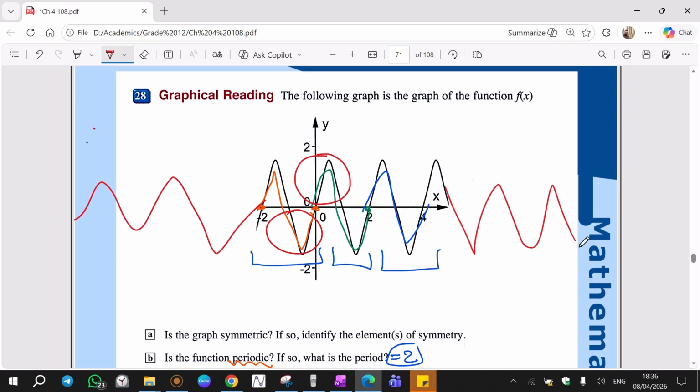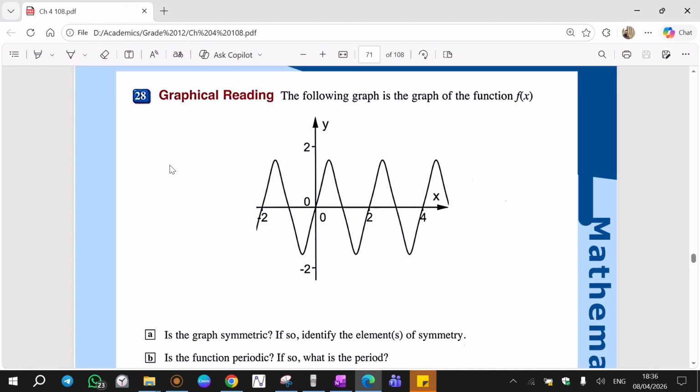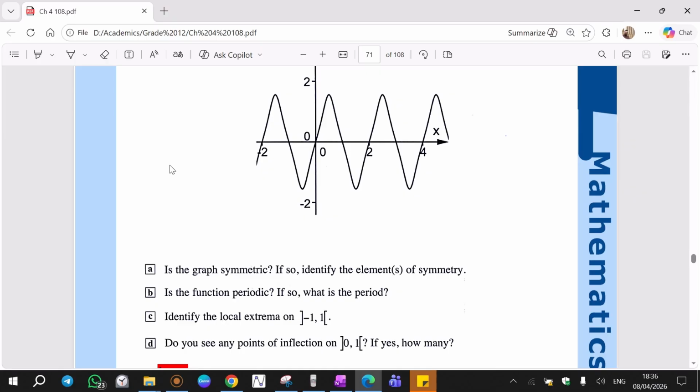Since it keeps going, it's identical on both sides, but any curve that's up on the right side, the same curve will be down on the left side. That's enough evidence to say the function is odd or symmetric with respect to the origin. And then it says identify local extrema.